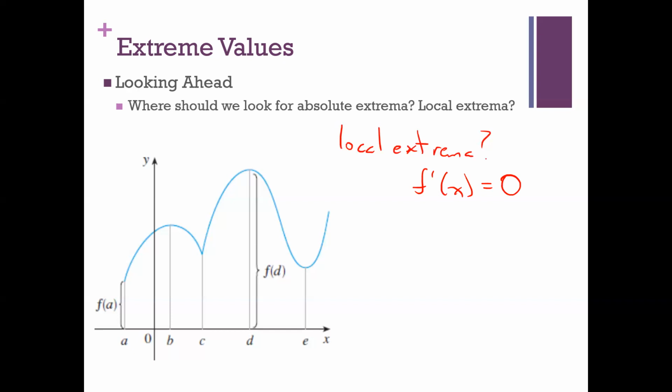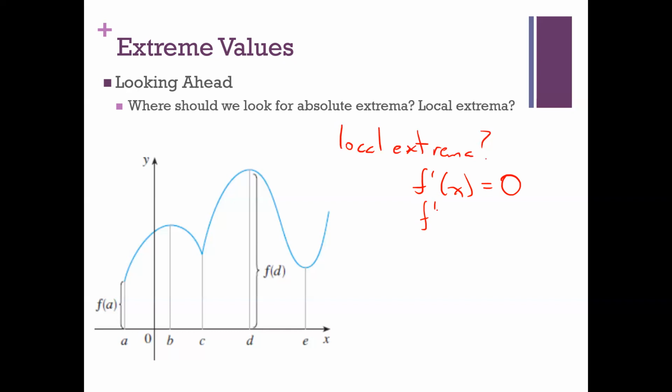So if we're looking for points where the derivative is equal to 0, what else should we look for? Limits? Limits of what? The limit of f of c. That alone won't tell us much because it's continuous at c, so we know that since the function is defined there, the limit will exist.